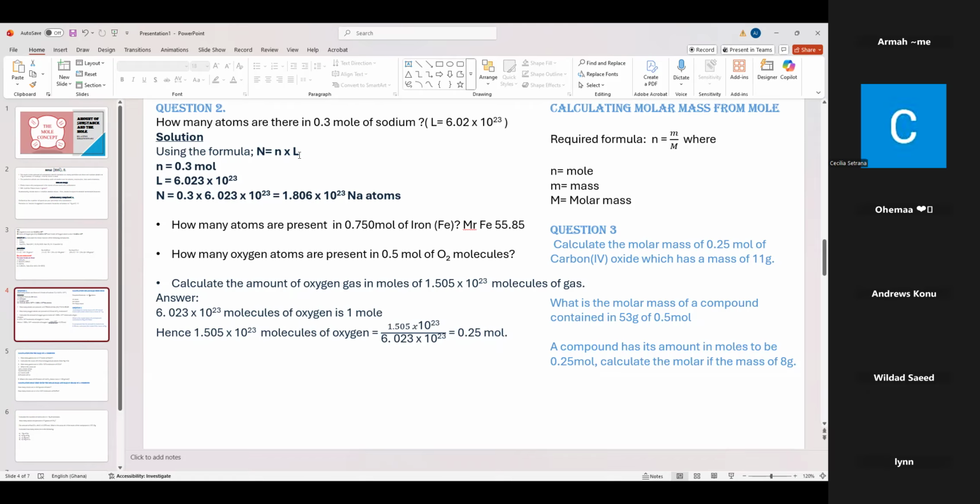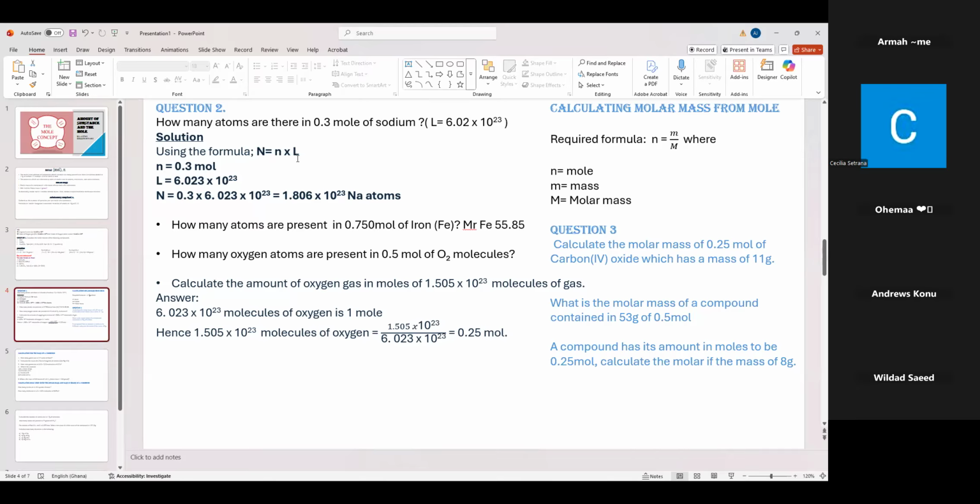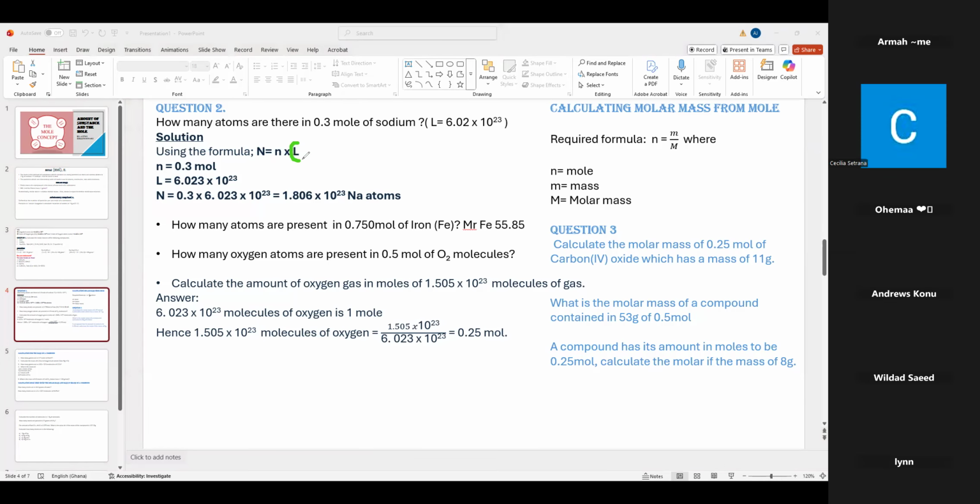In order to calculate the number of molecules, number of atoms, or number of gases using the Avogadro's constant, we have the formula capital N, which is the number of molecules or atoms, being equal to small n, which is the mole, times capital L, the Avogadro's constant. This capital L is a constant. That is what is being stated here.